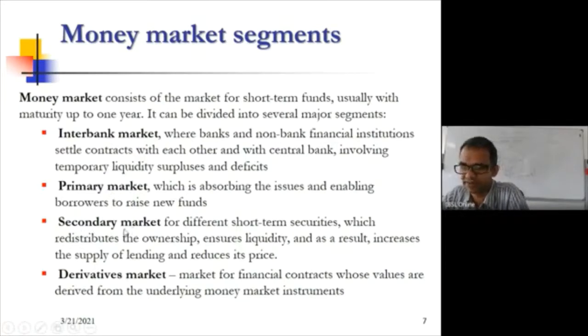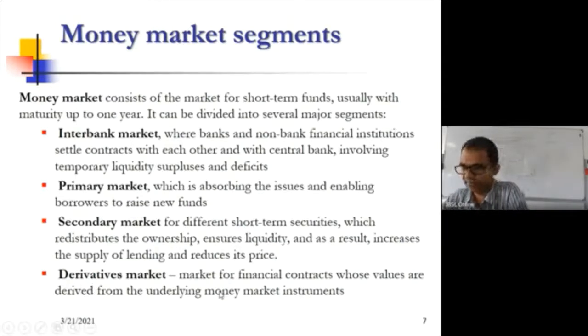What is the secondary market? We discussed this in general. Secondary market is where we trade existing assets or existing instruments previously issued by a borrower. So in the secondary market, these instruments or assets are traded among investors, not between the borrower and the investor. But in the primary market, trades take place between the issuer or the borrower and the investor. Then the fourth category is the derivatives market.